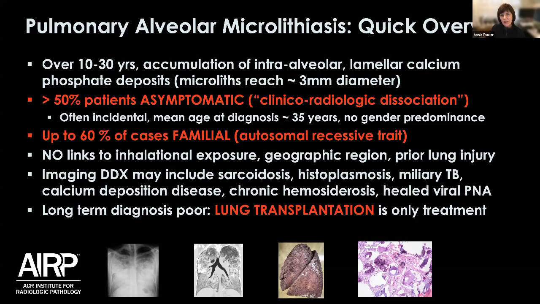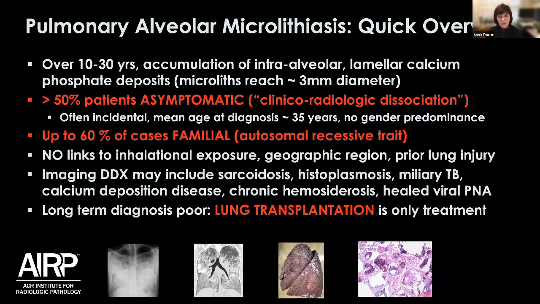It's literally accumulating within the alveolar spaces, which explains the gradual shortness of breath because limitations of gas exchange are occurring. But then there's also chronic inflammation and fibrosis, which to me explains the restrictive lung defects. So these are called microliths.